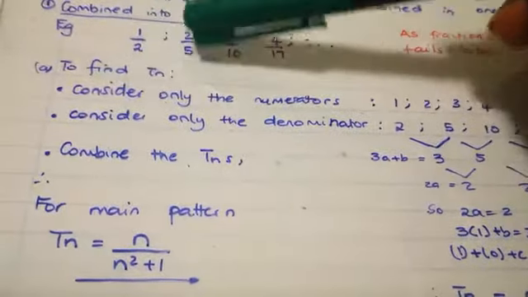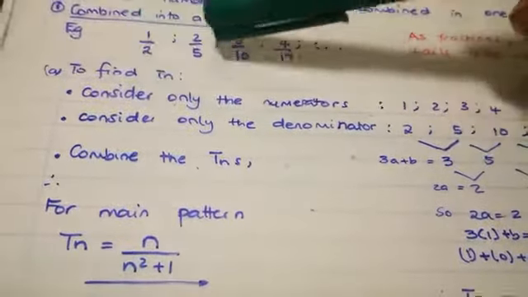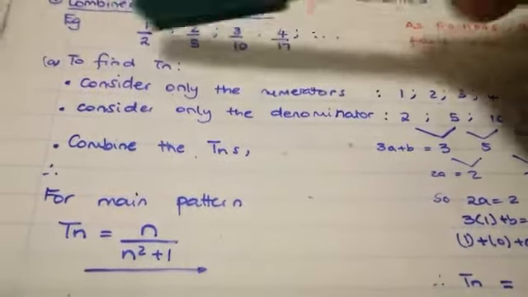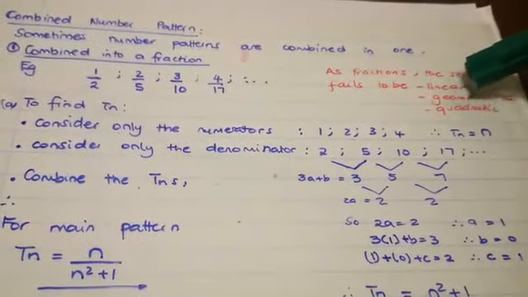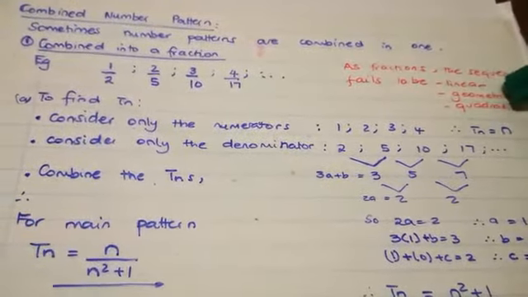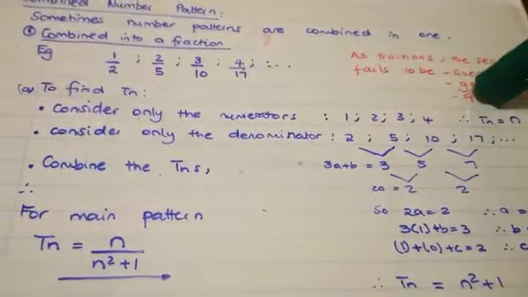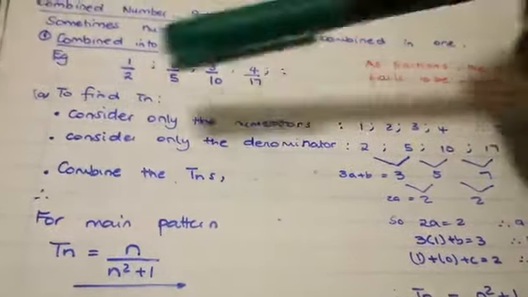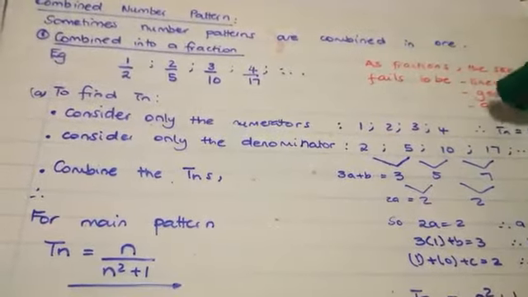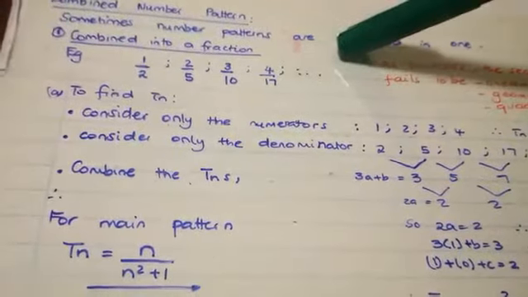So there's no constant number that I can use to move from one term to the next in addition or in multiplication. That is why I said it fails to be linear or geometric. And then I also checked if it is quadratic. Also, the second difference was not constant, so it fails to be any of these three. So now that means it is a combined number pattern.